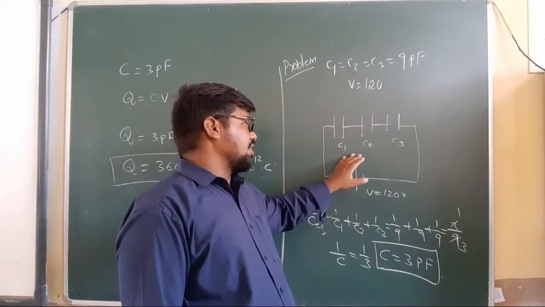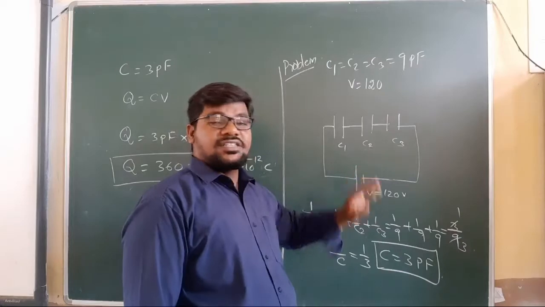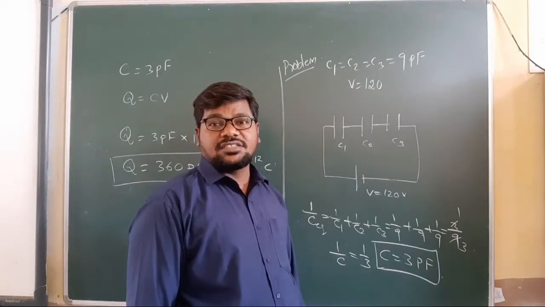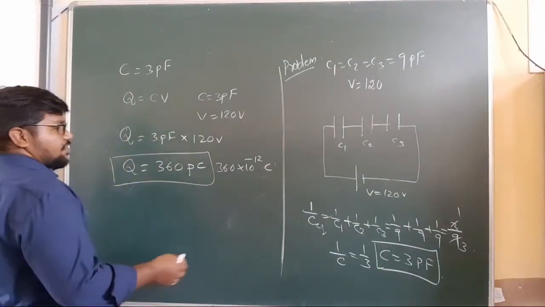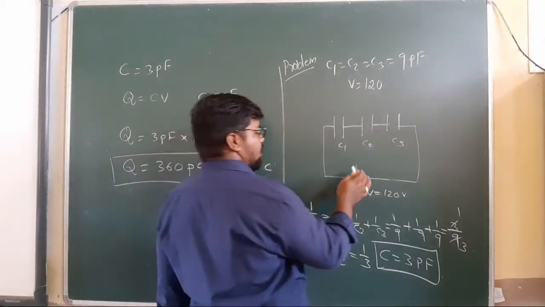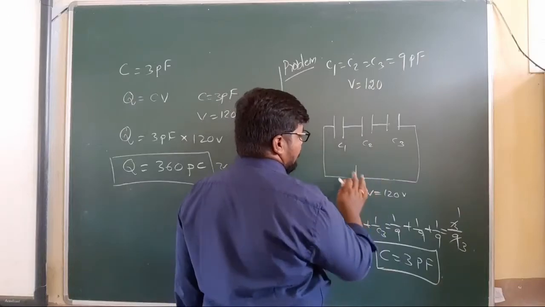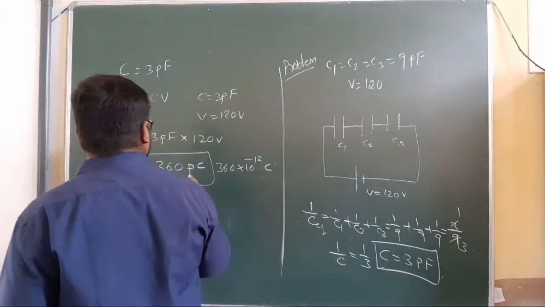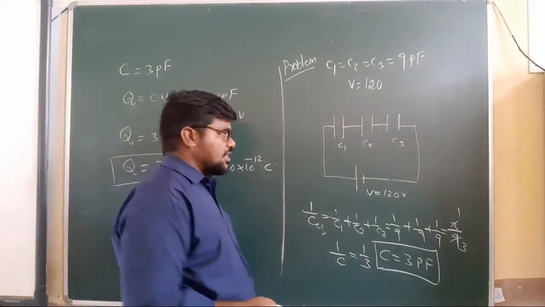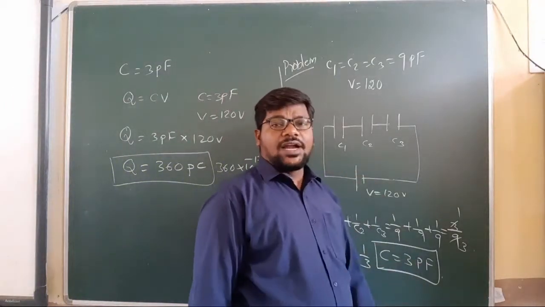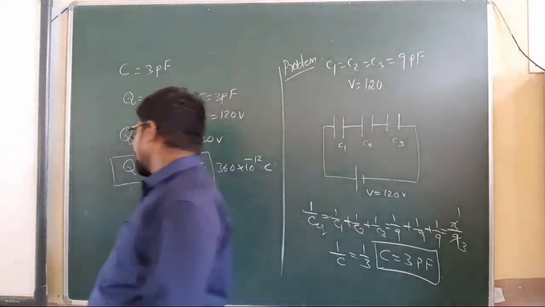In each capacitor, the potential difference changes. The charge passing from the positive terminal to the negative terminal is 360 picocoulomb. Then at each capacitor we will find the potential difference.